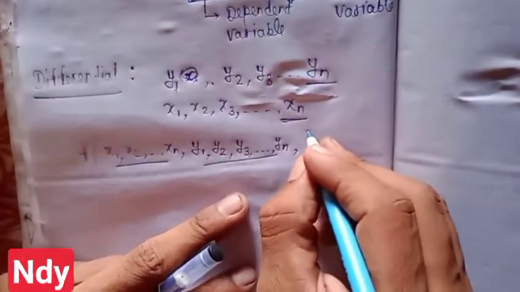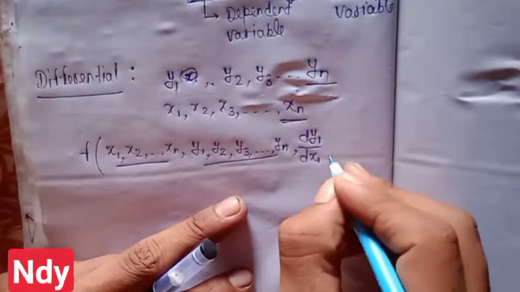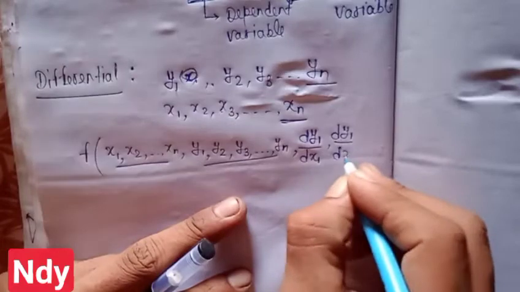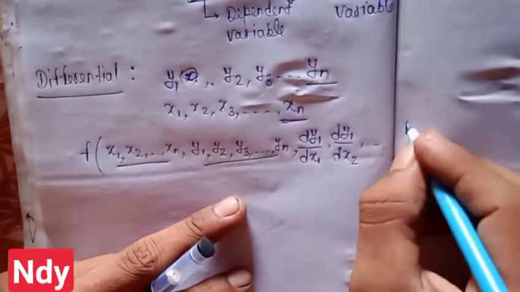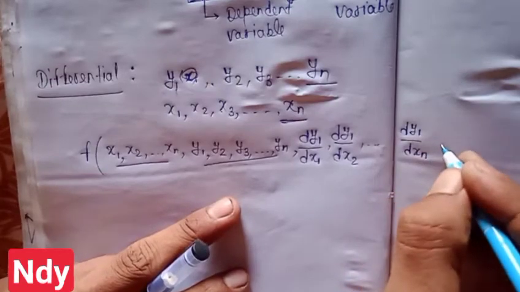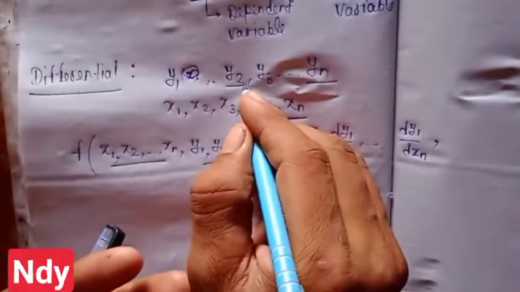So dy1 upon dx1, similarly dy1 upon dx2, and so on, dy1 upon dxn, and the derivatives of the other variables also with respect to independent variables.